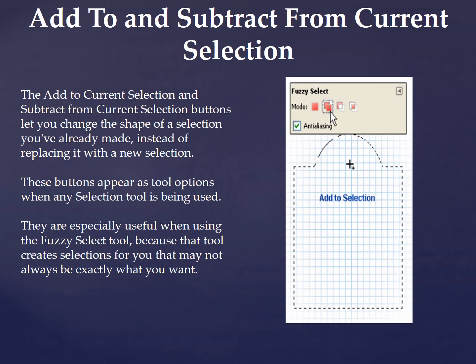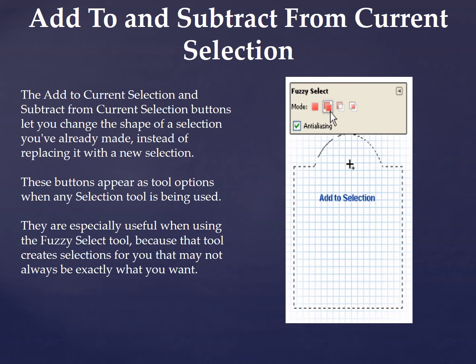The add to and subtract from current selection. So we learned in the last unit that selections can be created by one of the select tools, the ellipse or the rectangular. And sometimes you're going to want to add to those or maybe subtract from them. The add to and subtract from current selection buttons let you change the shape of a selection you've already made instead of replacing it or having to recreate a new one.